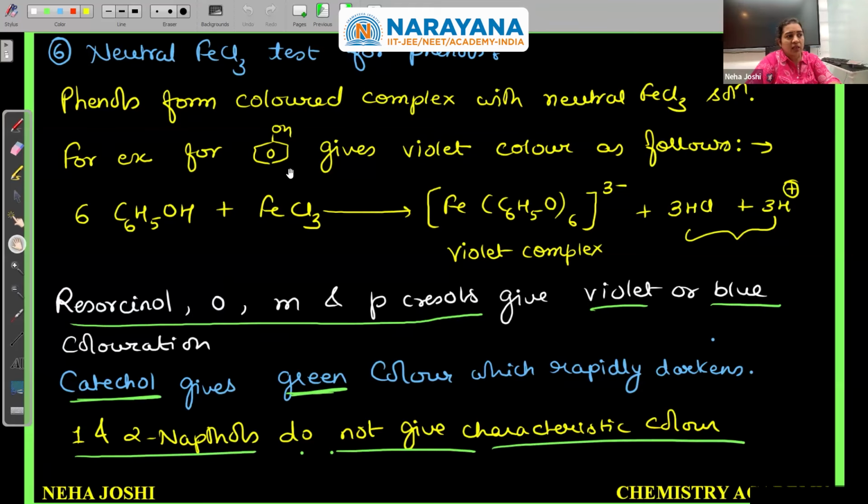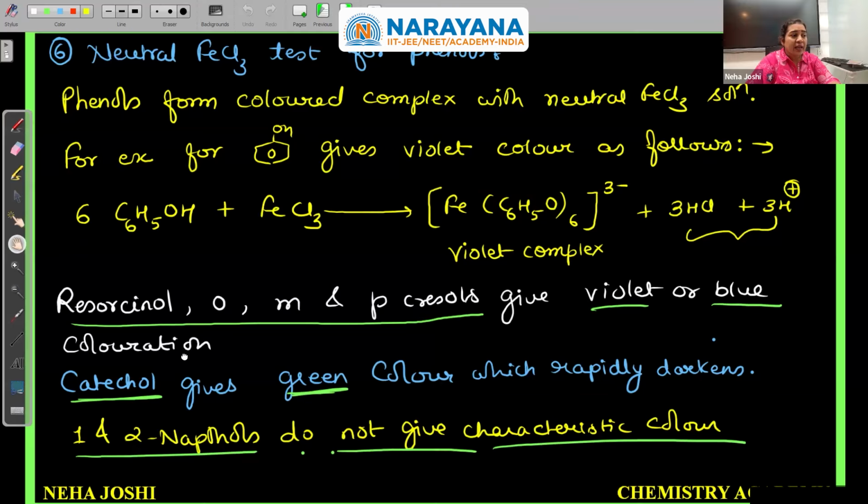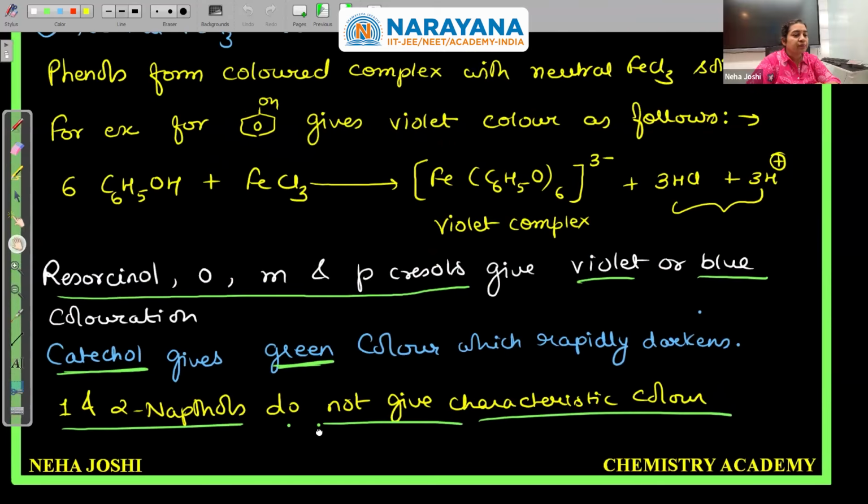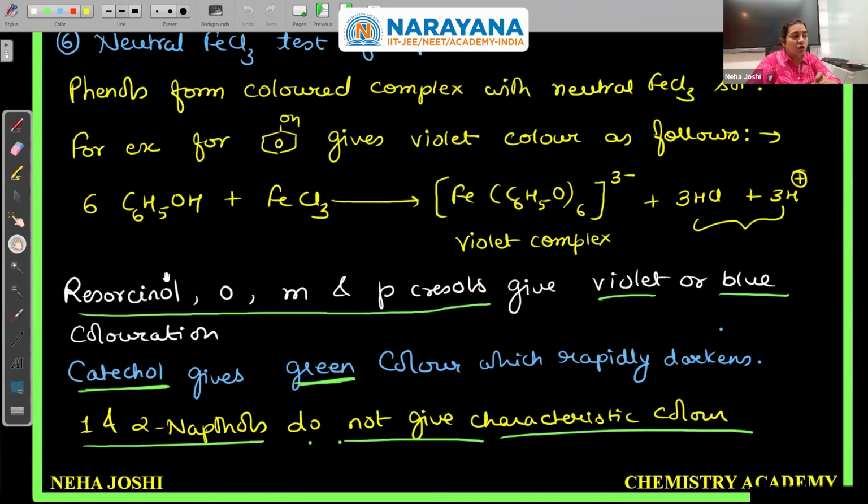This is the complex: PhOH and FeCl3 form Fe(OPh)6 3-. Now ortho, meta and paracresols give violet color, catechol gives green color, but 1 and 2 naphthols, alpha naphthol and beta naphthol, do not give any characteristic color. Again it is from NCERT, take a screenshot.